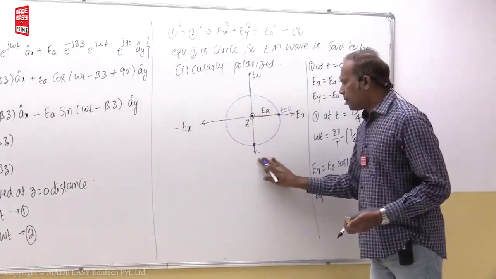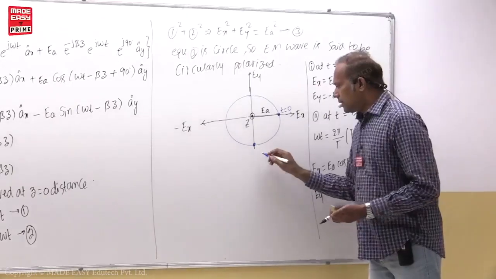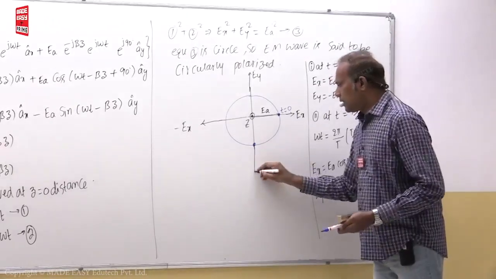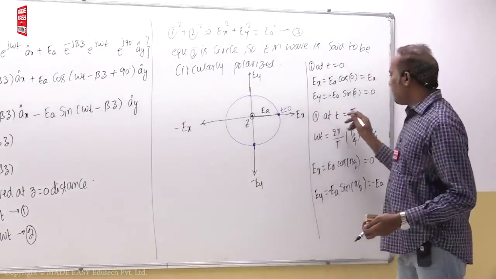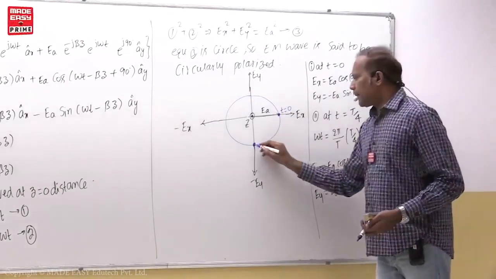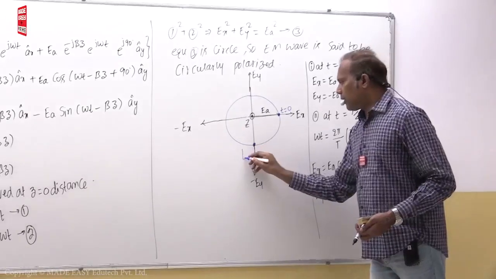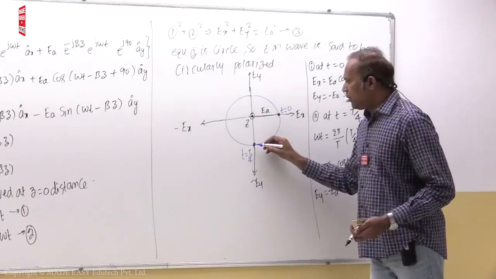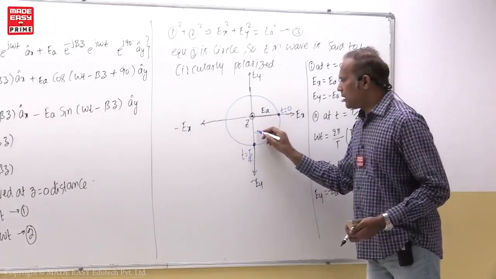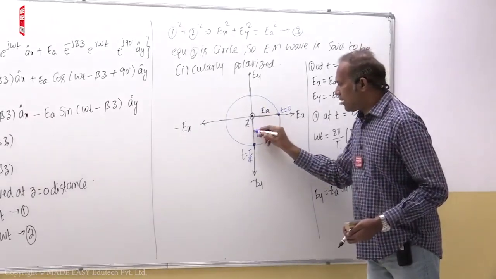I will write this here. So this one is minus Ey. Now at time T by 4, the tip was here, and the value is minus Ea.